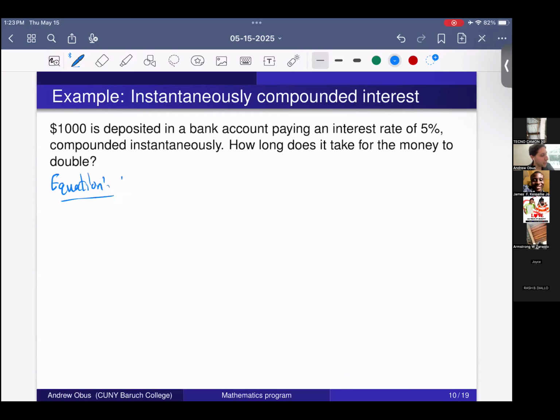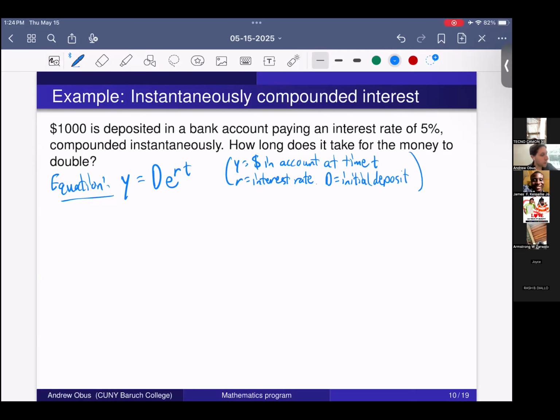Our equation is the amount of money, let's call it y, equal to d e to the rt, where y equals the money in the account at time t, r equals the interest rate, and d equals the initial deposit. Okay, that's what it all is.